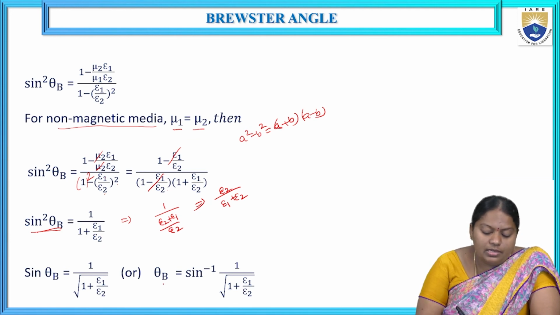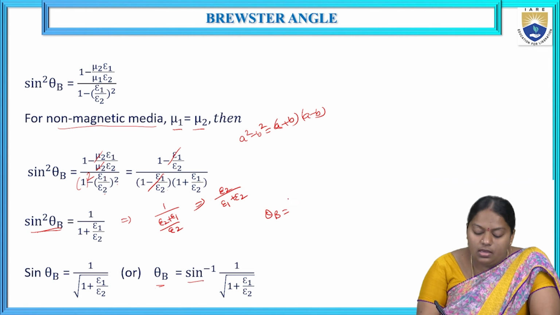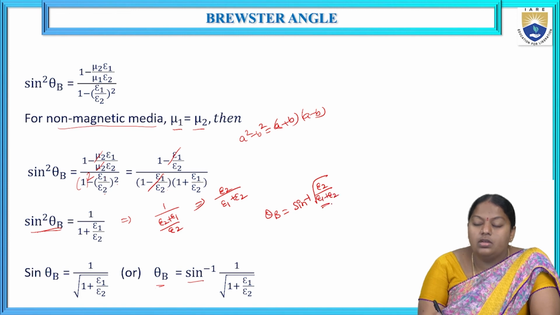To get the value of theta b, by considering the square root on both sides, the sine square root gets cancelled. Sine theta b equal to 1 by root over (1 plus epsilon 1 by epsilon 2) is left out, or theta b can be written as sine inverse of 1 by root over (1 plus epsilon 1 by epsilon 2), or we can write it as theta b equal to sine inverse of root over epsilon 2 by (epsilon 1 plus epsilon 2).